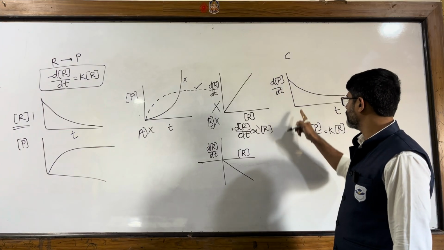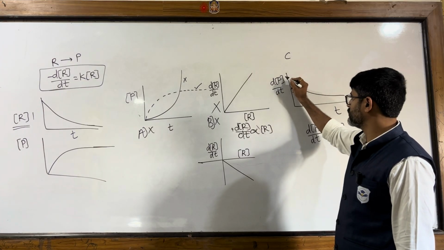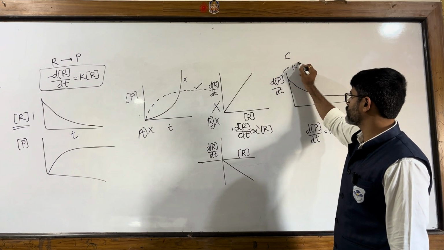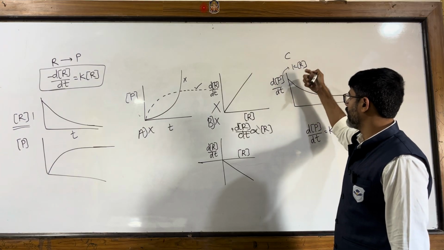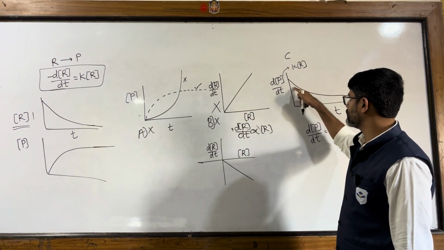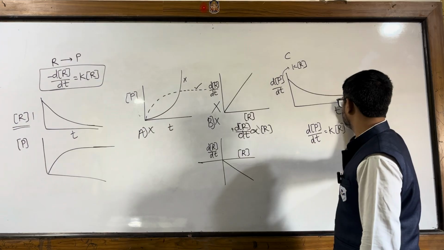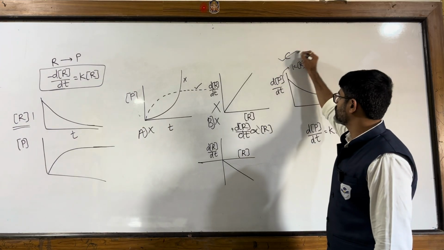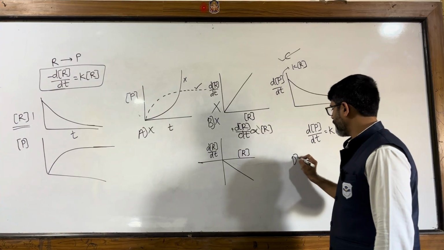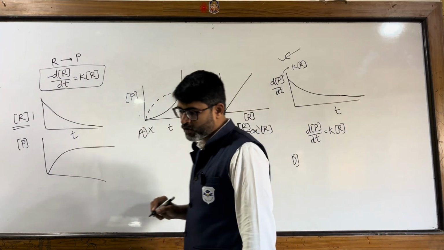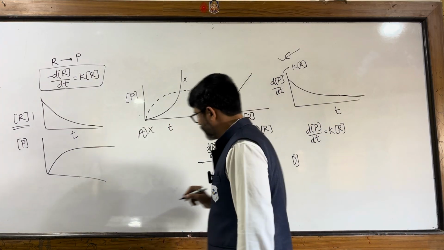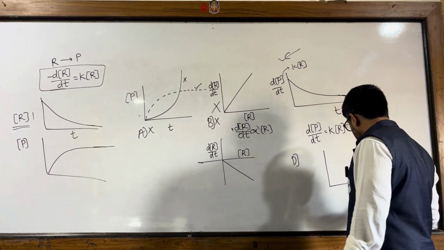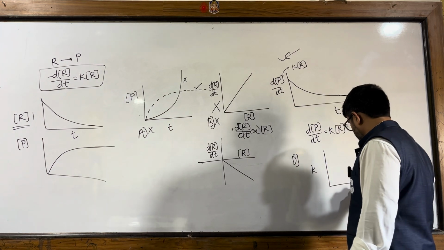d[P]/dt is nothing but k times concentration of R. As the concentration of reactant is decreasing exponentially, the rate also decreases exponentially. The C graph is correct, and in the D graph we have k versus t, rate constant versus time.